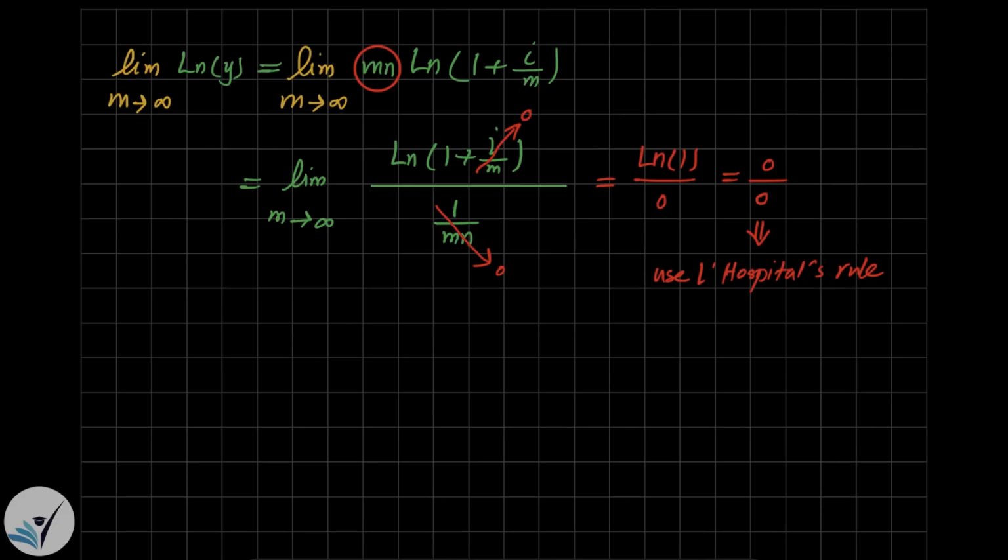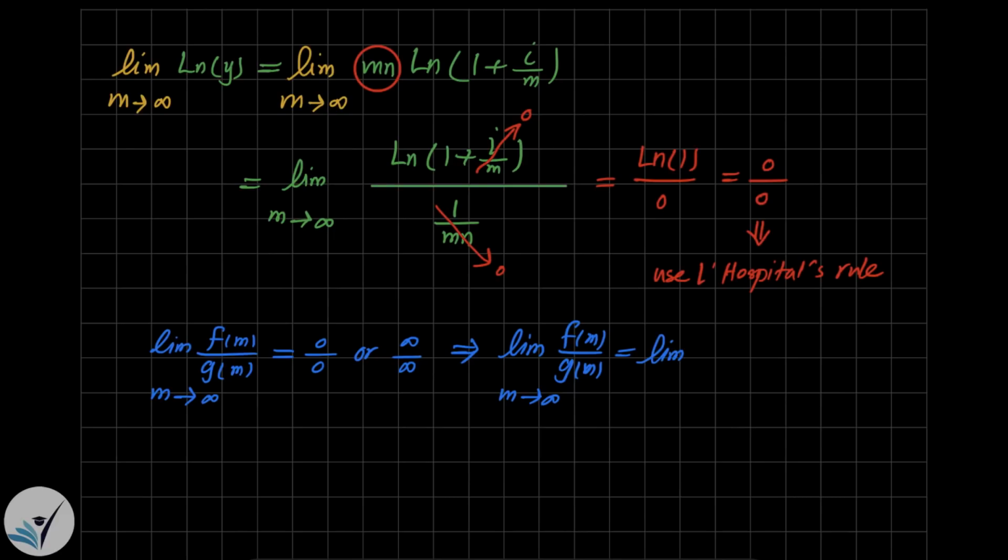And as a reminder, whenever you have a limit of f of M divided by g of M when M approaches infinity equal to 0 over 0 or infinity over infinity, then this limit of f of M divided by g of M is equal to the limit of f prime of M, the first derivative of f, divided by g prime of M, the first derivative of g, when M approaches infinity.